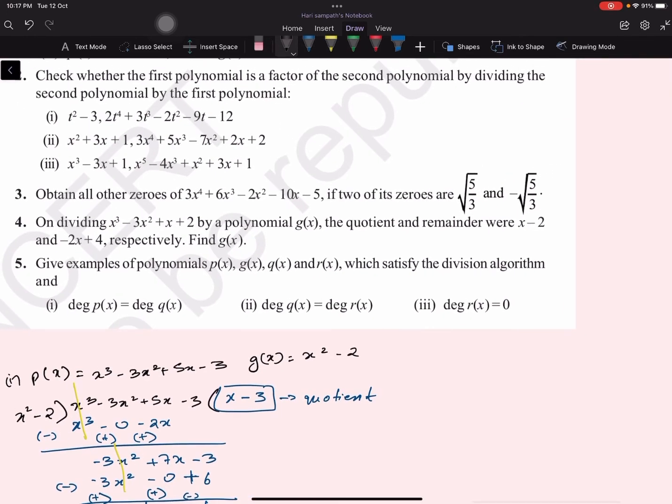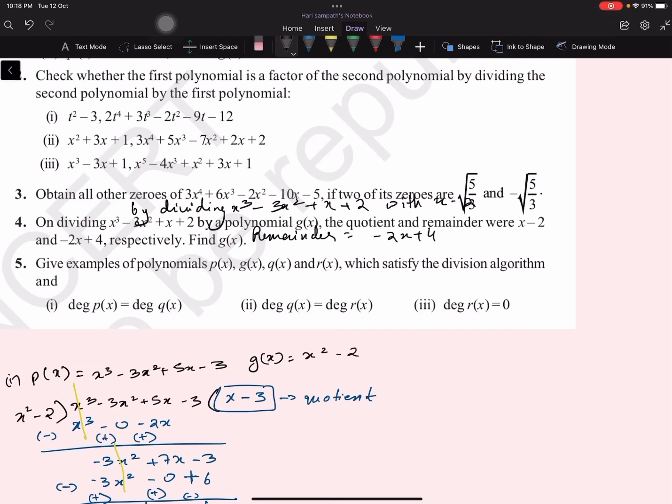On dividing this equation, x cube minus 3x square plus x plus 2, by a polynomial x minus 2, so I'm gonna write by dividing with x minus 2 we get remainder equals minus 2x plus 4.